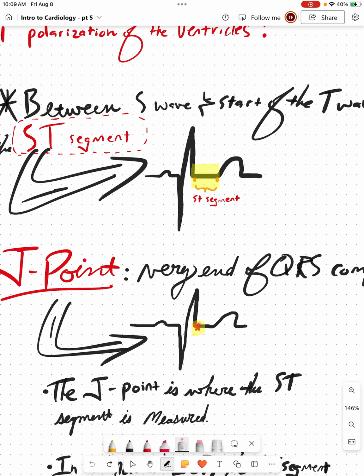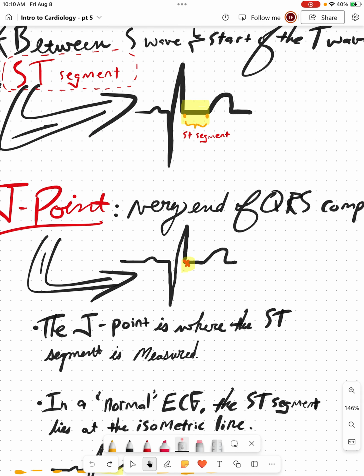Bear with me here. Some of this will start to make sense as we push forward. Just to recap, we have what is referred to as our ST segment. That is the area at the end of the QRS and the very beginning of the T wave. And then our J point is the very end of the QRS complex, right here. J point is where the ST segment is measured.